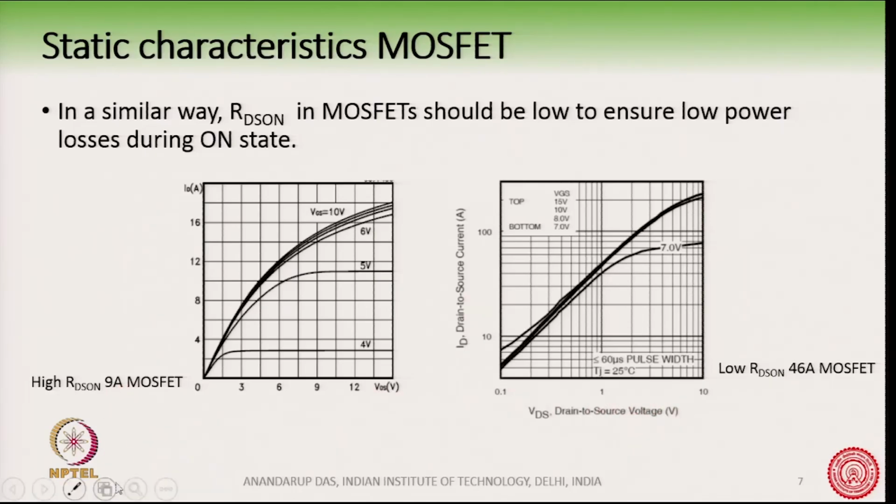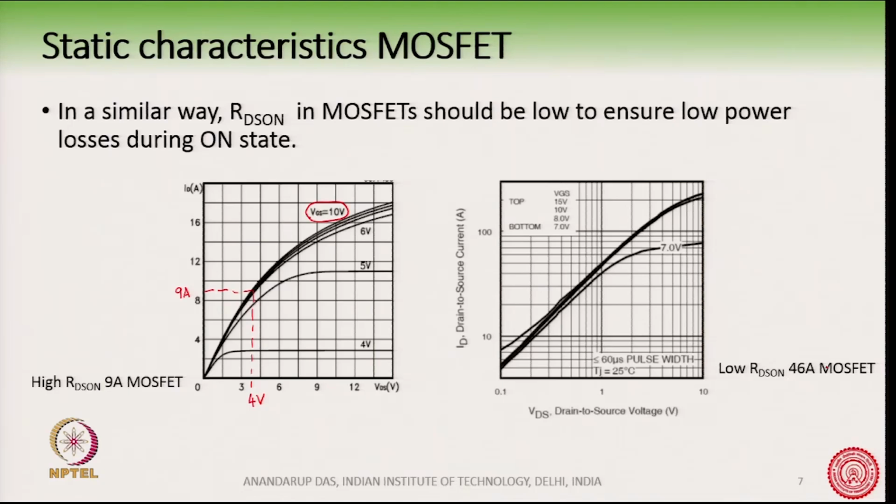Here you see, for example, for this 9 ampere MOSFET we are somewhere like here, 9 ampere, and you can see here the VDS may be roughly around 4 volt here and 9 ampere here. Okay. For a VGS value, maybe we can take a VGS value of 10 volt.